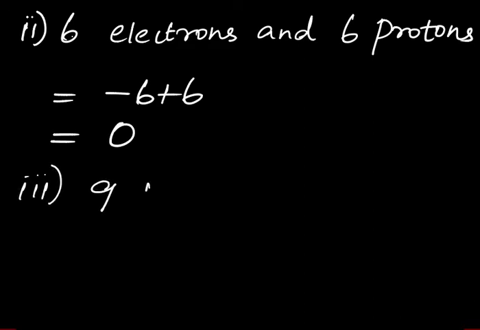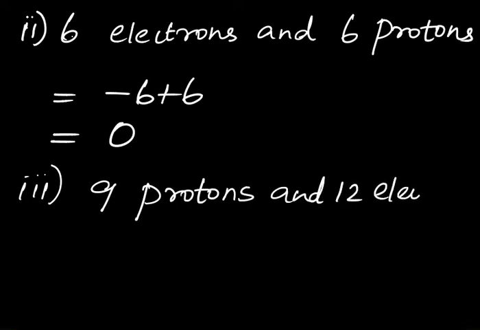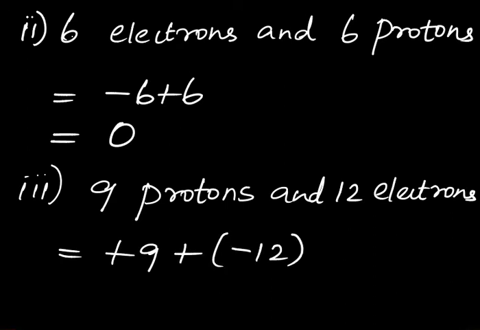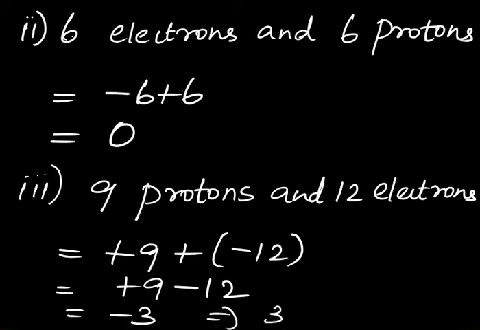Third one, 9 protons and 12 electrons. Protons are positively charged, so plus 9, and electrons are negatively charged, so minus 12. Remove the brackets, plus 9 minus 12, you'll get minus 3. So here the net charge is 3 electrons.